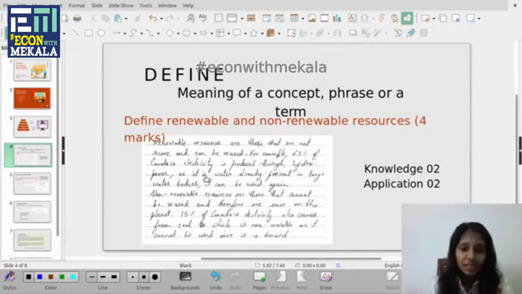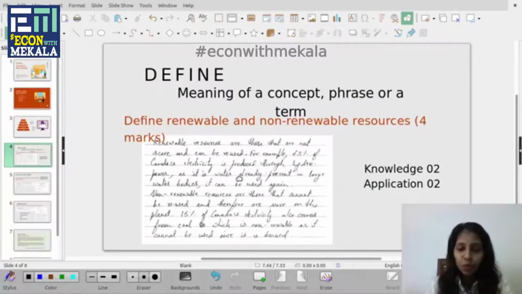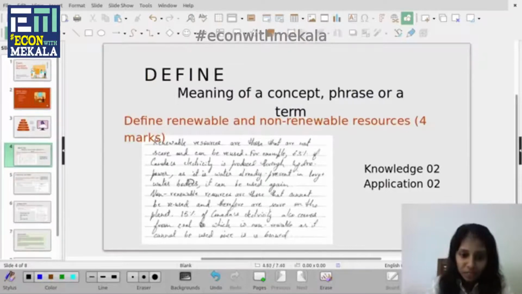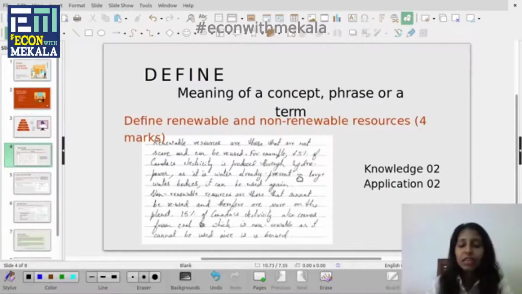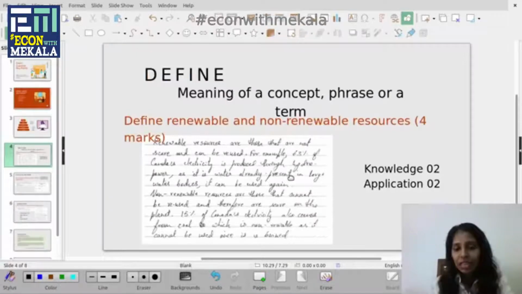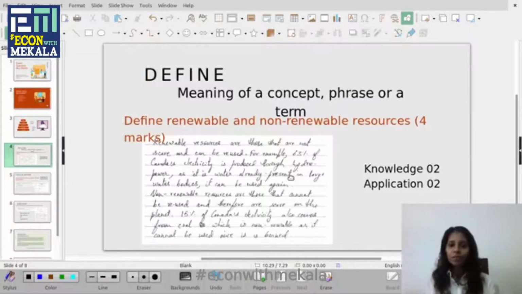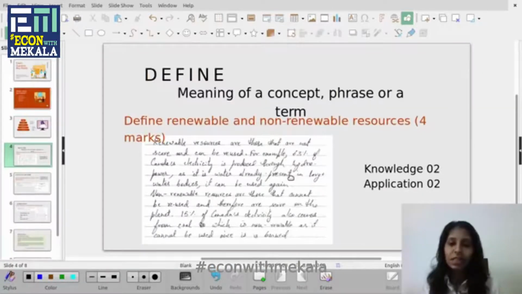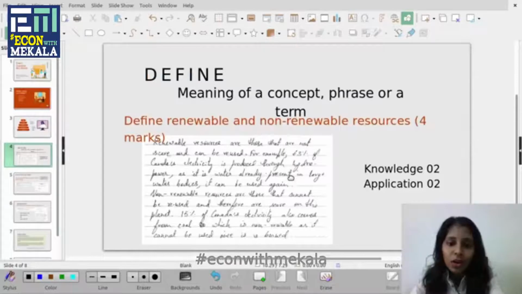Not only that, he has given more examples. As water is already present in large water bodies, we can use it again and again. So you can see the definition says renewable resources are those that are not scarce. So these are not limited.